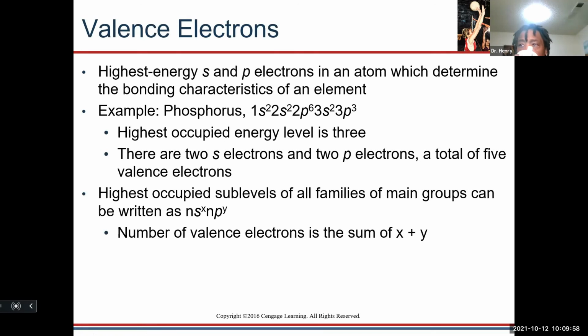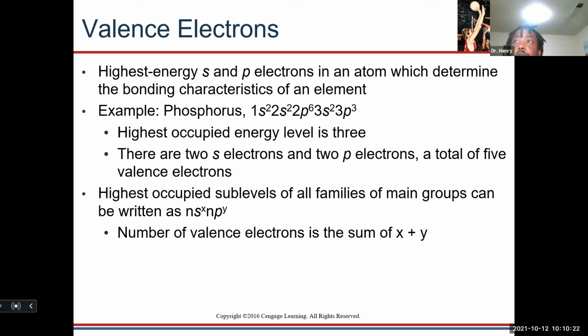Okay, so when we talk about valence electrons, we're going to be focusing mainly on what we call the main group, because those transitional elements and the post-transitional elements, they march to their own drum, right? They're a little bit different. They're going to be a little more complicated. And so we're going to be focusing solely on the main group.